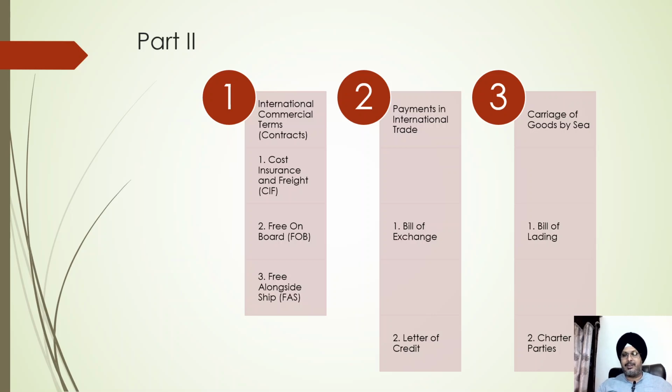These are all dealt with by these two modes of carriage of goods by sea, bill of lading and charter parties. So the second part of international trade law is concerned basically with international contracts, international payment methods, and carriage of goods.